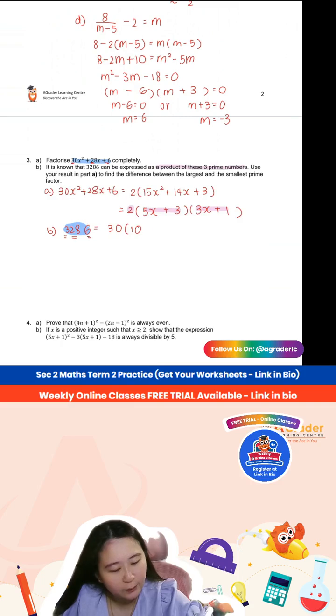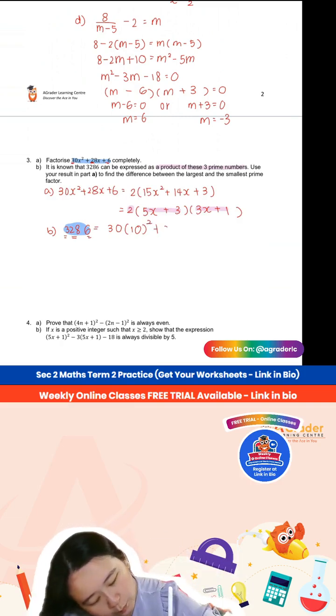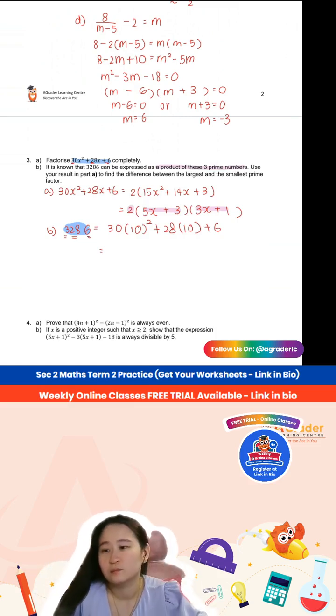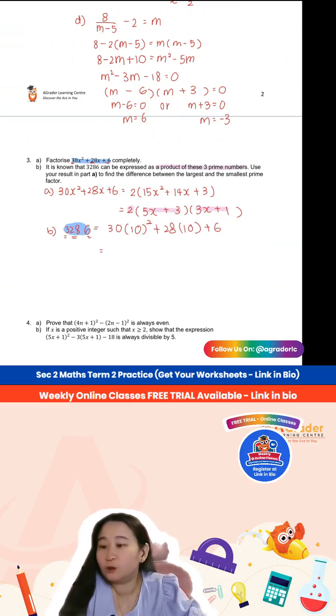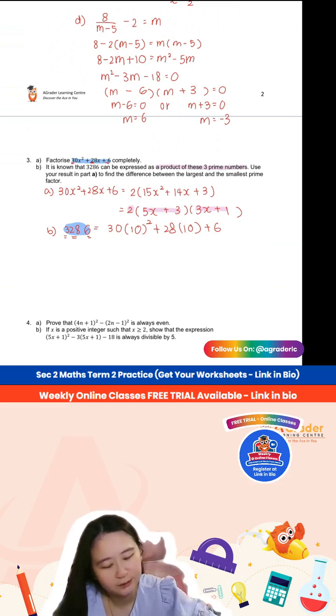So technically we are just replacing x with 10. So from here it shows that we have to replace x with 10.